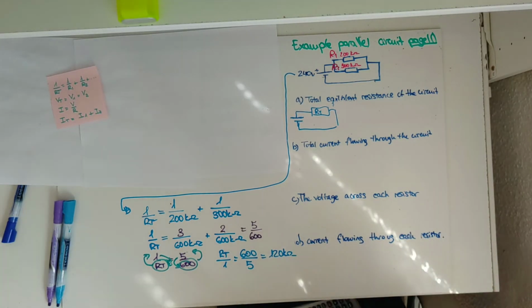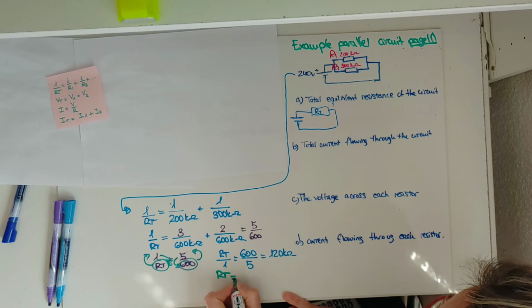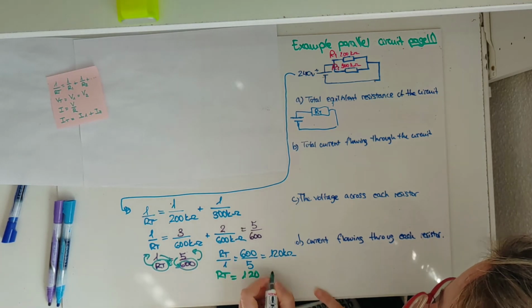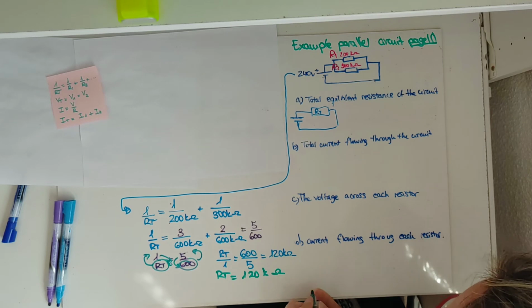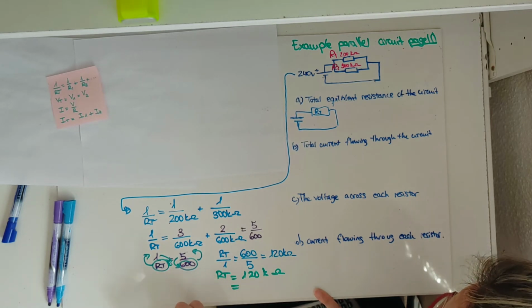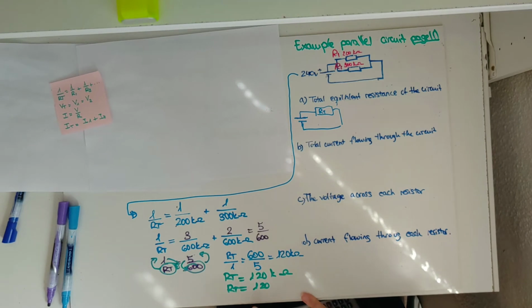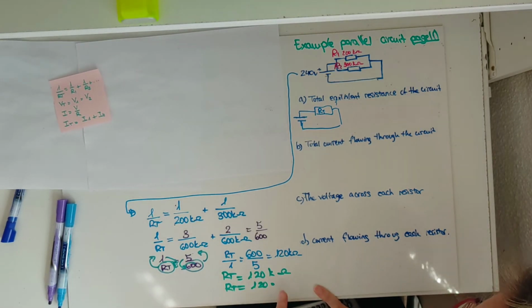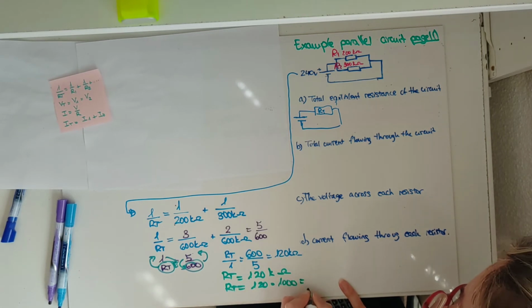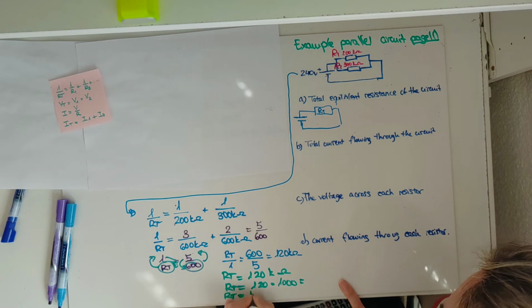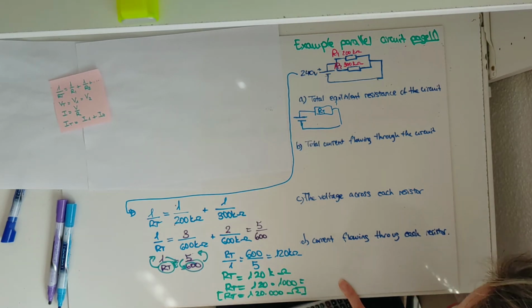So the result of this is the total resistance is 120 kilo ohms. Okay, and now I convert into ohms. 120 I multiply by 1000 and I get 120,000 ohms. Okay.